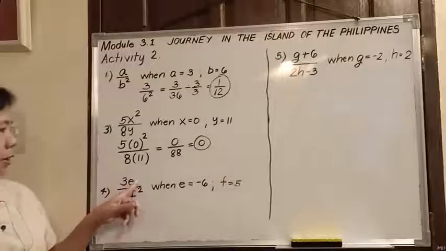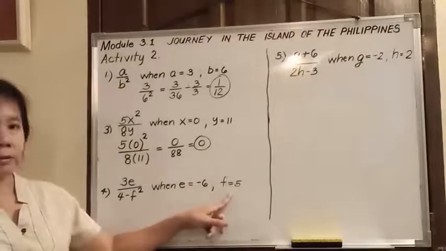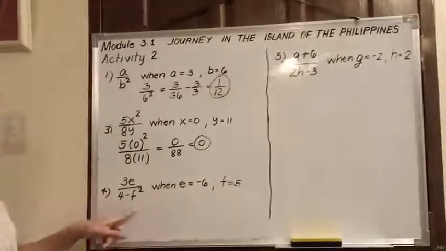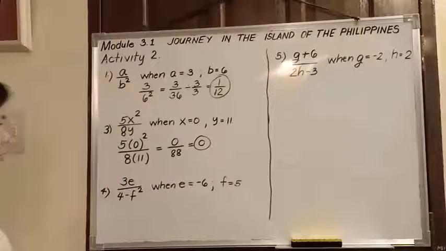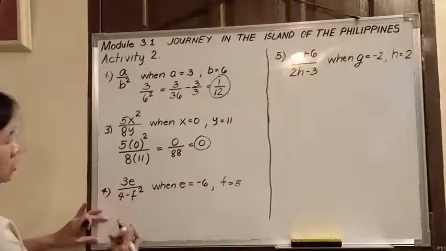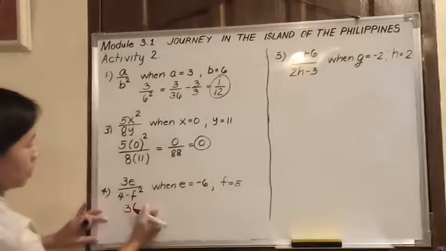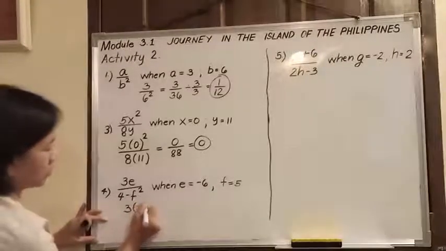Our variables are E and F. When E is negative 6, F is positive 5. What is now the value of these algebraic expressions? We will substitute negative 6 in terms of E. Bring down 3. Then we will multiply this by the value of E, which is negative 6.